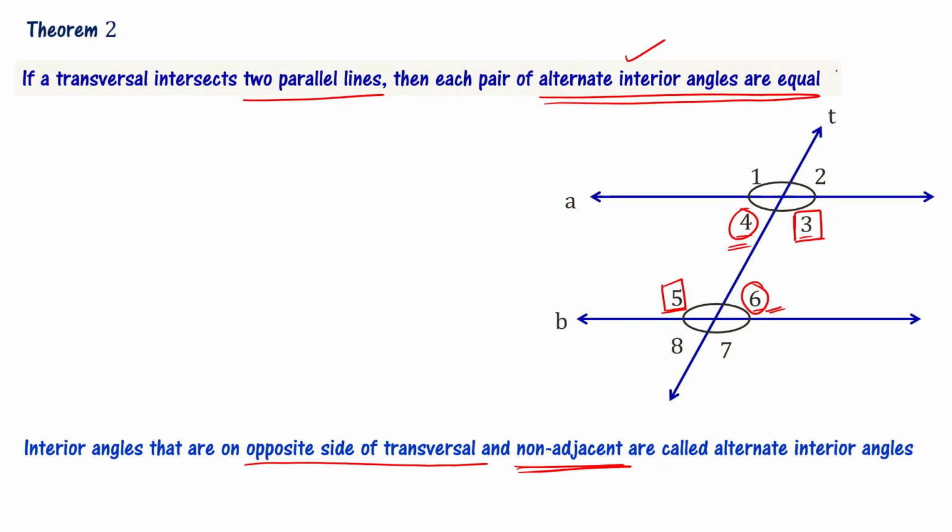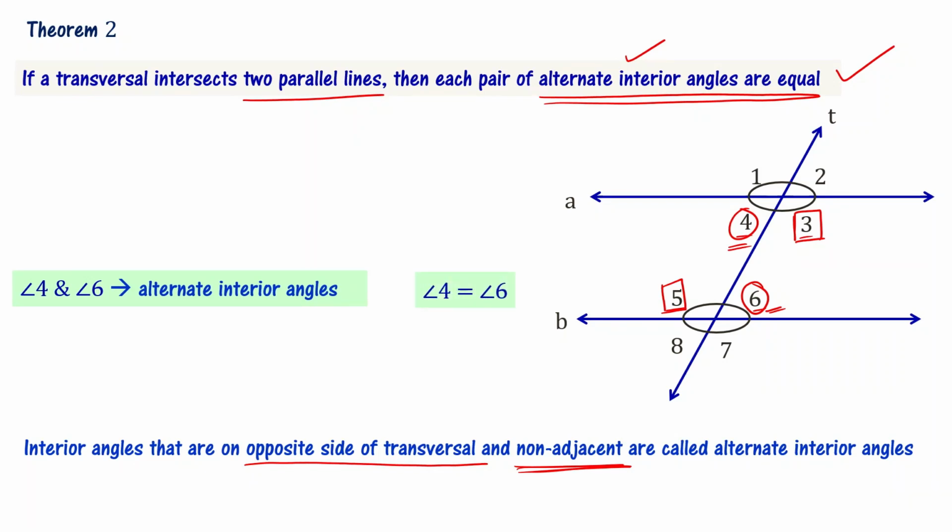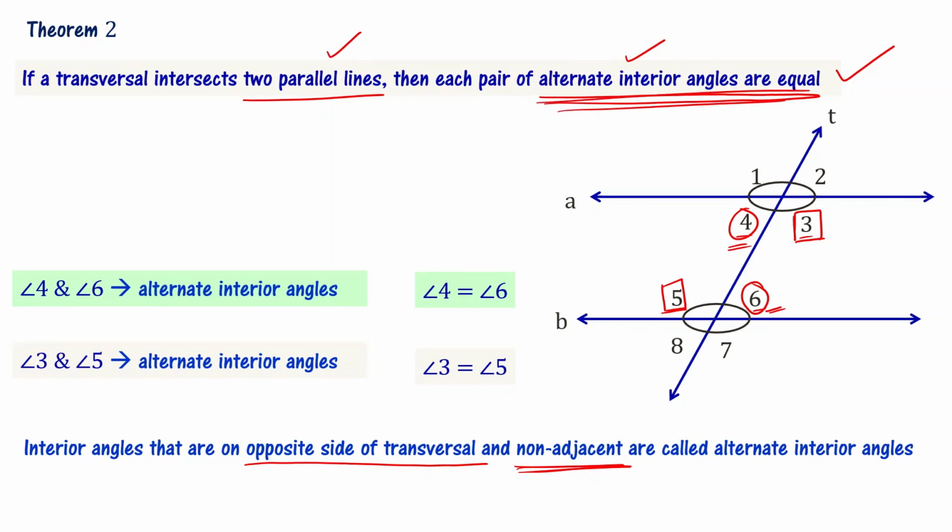As per this particular theorem, angle 4 is equal to angle 6 and angle 3 is equal to angle 5. Please note this. ఎప్పుడైనా కనుక if a transversal intersects two parallel lines, then alternate interior angles are equal. Please note this.